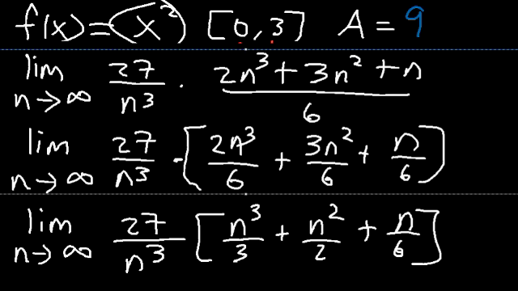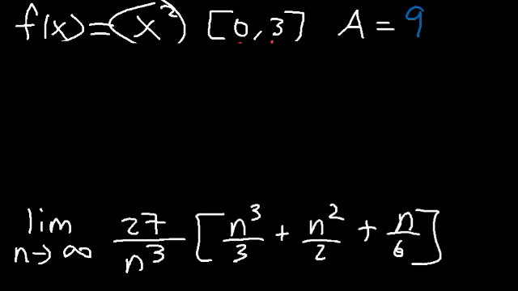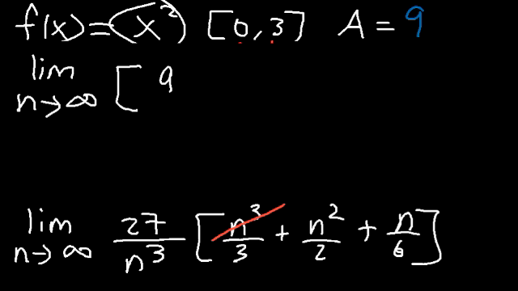So now let's distribute the 27 over n to the third to these 3 terms inside. So it's the limit as n approaches infinity. 27 divided by 3 is 9. And notice that the n cubes, they cancel.